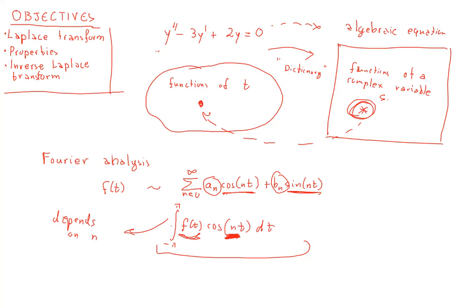So that was the idea. Take your function and integrate it against something that depends on more than one variable. The variable of integration is going to be absorbed by the integral, and then the other variable is going to emerge as the parameter of the new function.